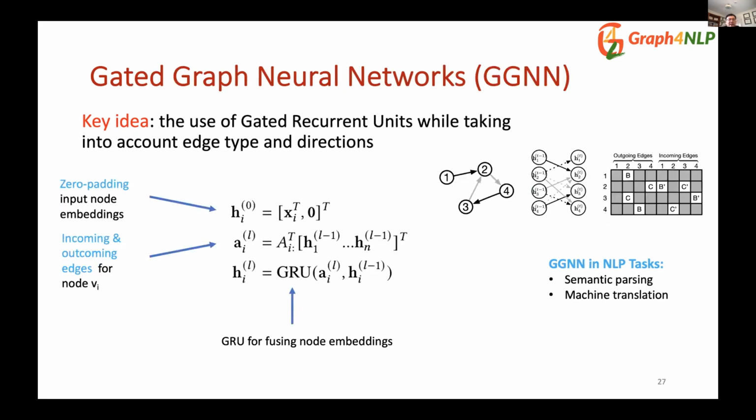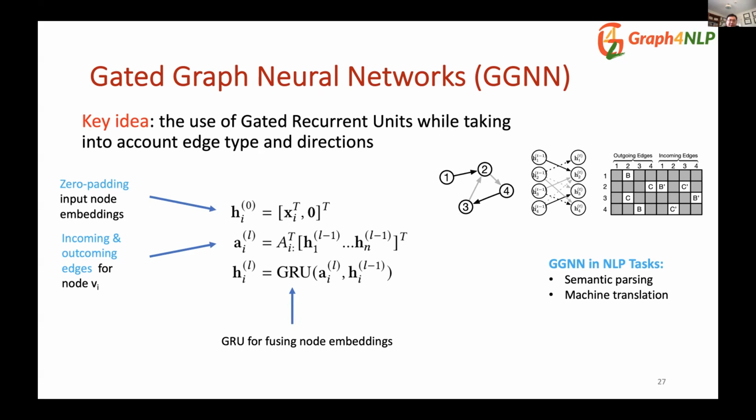The final one is called gated graph neural nets. The key idea is to use the gated recurrent unit while taking into account edge type and direction. We can see here that there are two things to consider. One, they are doing a lot of padding, right? And also you can see that they treat the edges by splitting them into incoming and outgoing, so that they can directly deal with directed graphs.